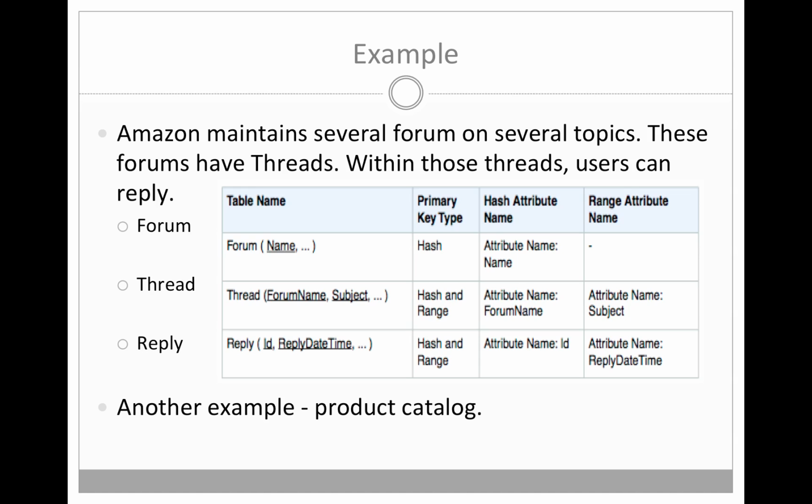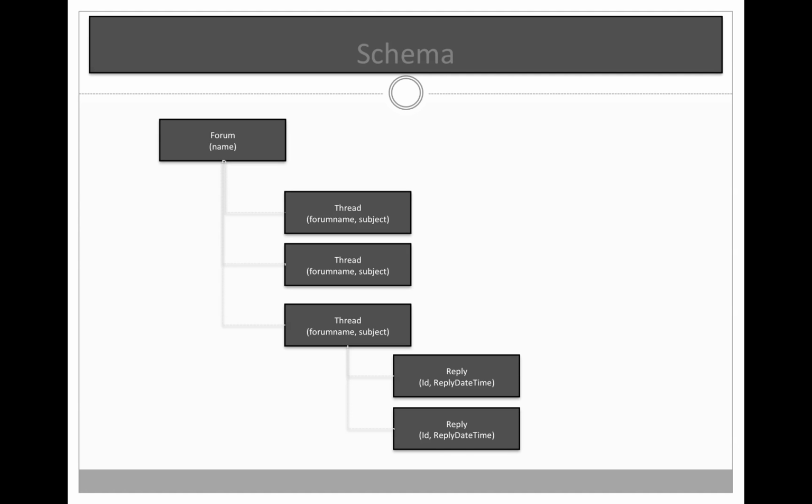And range is the reply date time. So at a very high level, this is the schema that I would be presenting. You have forum, threads are off the forum, and then you have replies off the thread.